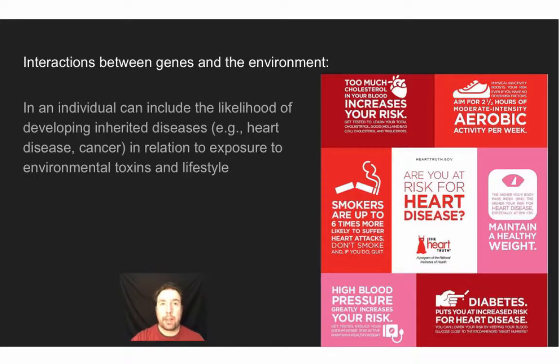Certain diseases like heart disease or cancer, you may have a certain genetic predisposition to developing these conditions, but the environment that you are in will play another role. Over here on the right, I have all these different risk factors that we see for heart disease. So let's say you are born with a genetic predisposition to develop heart disease. Well, if you end up taking in a diet that's very high in cholesterol, you're going to dramatically increase your risk of developing heart disease.